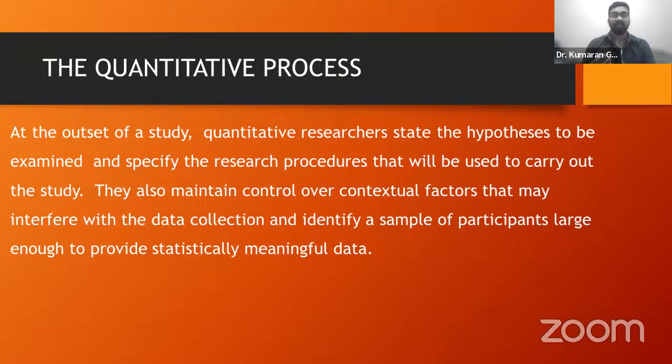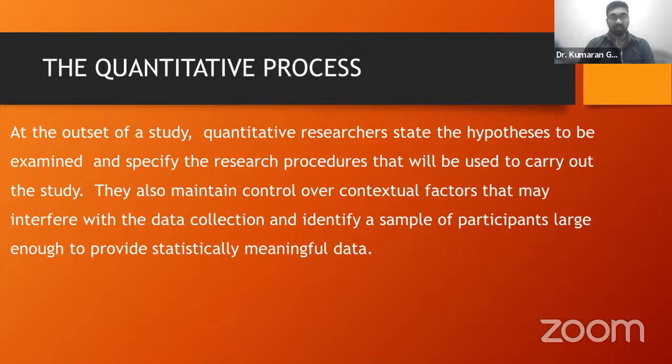So the maximum difference between quantitative and qualitative is the sampling. One of the main factors that makes the two main research methodologies different is the sampling. Why?